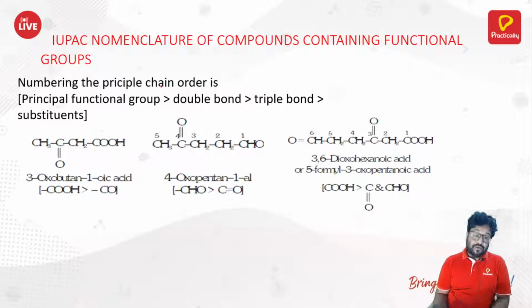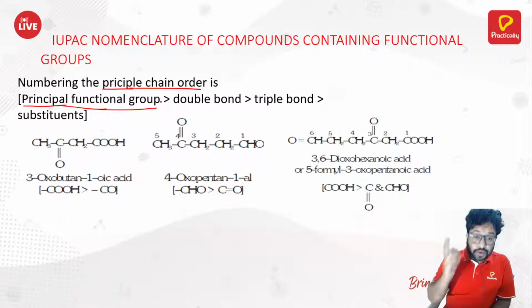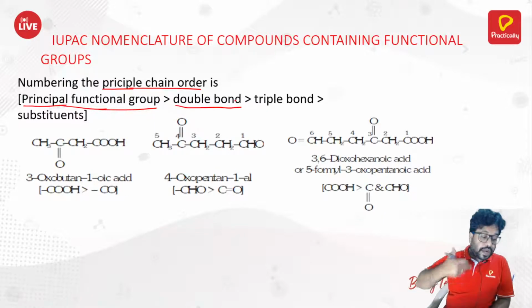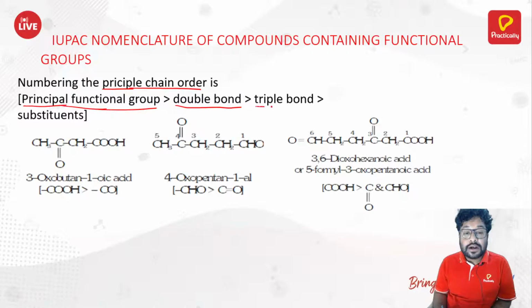Now, numbering. What I told you earlier is about the principal functional group. If I ask you what the principal chain order is, the very first is the principal functional group. Principal functional group should come first, then the double bond. Double bond has priority over the triple bond.